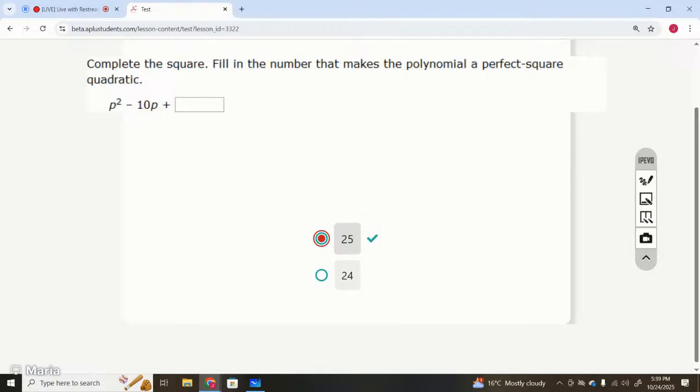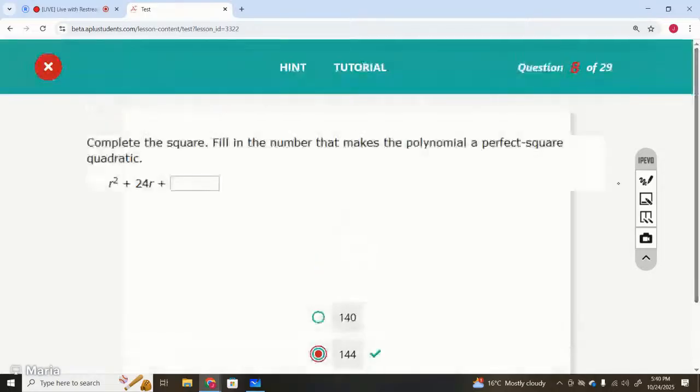Option number 1 is the correct option. That is r square plus 24r plus 144 is the correct option.